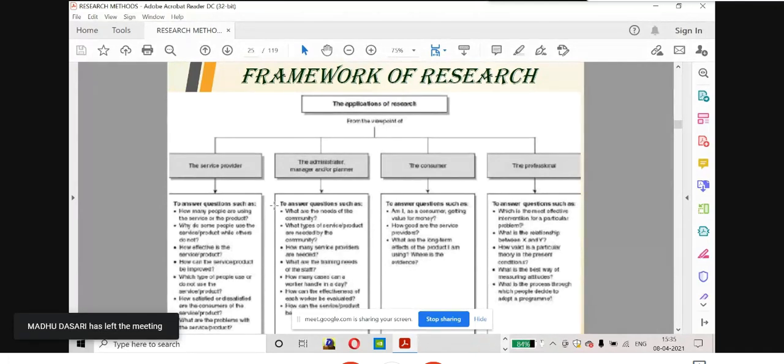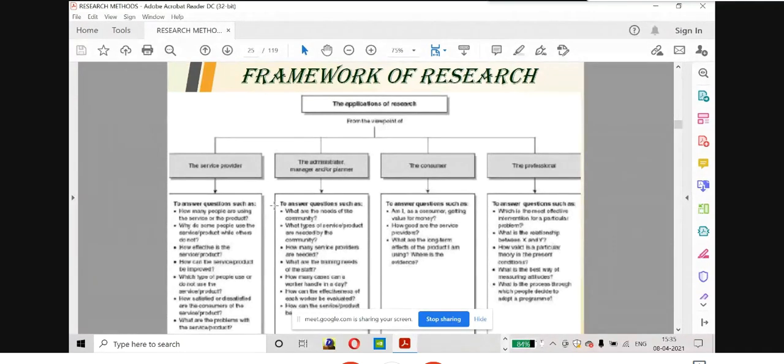Again, I am repeating: how many people are using this? By getting an answer to this question, you will be able to provide a solution in that direction. If suppose 1,000 people are using that service or product, why can't I get more people attracted towards this product? That means certain improvement is required.